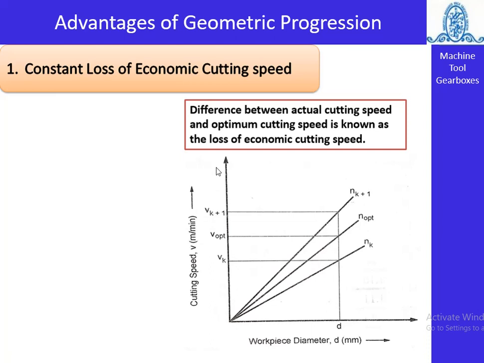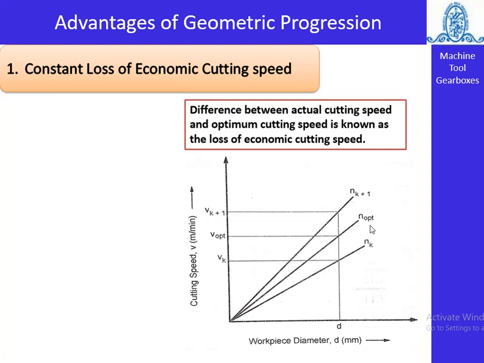Let's say nk is our actual speed. The difference between the actual speed nk and n optimum is the constant loss of economic cutting speed. And nk+1 is again our actual cutting speed in the machine tool, so the difference between nk+1 and n optimum is again a constant loss of economic cutting speed.